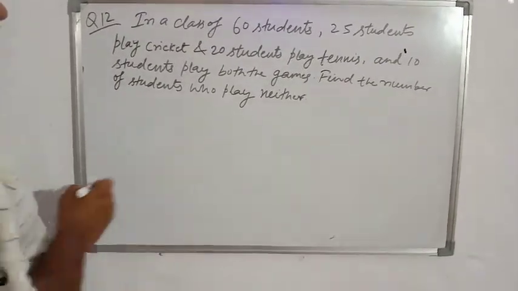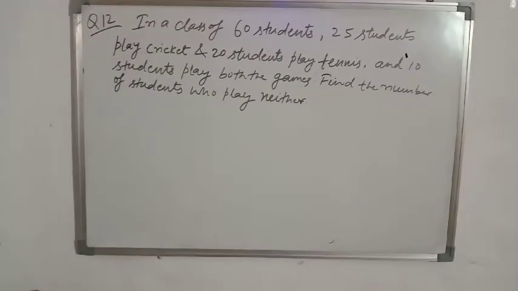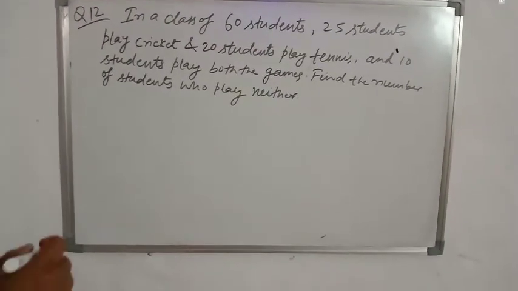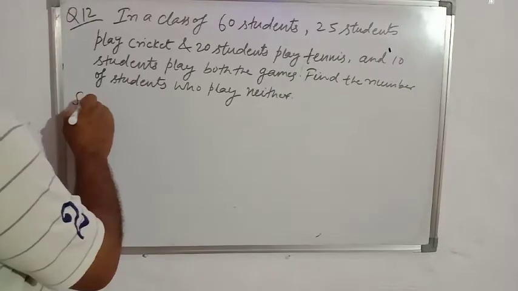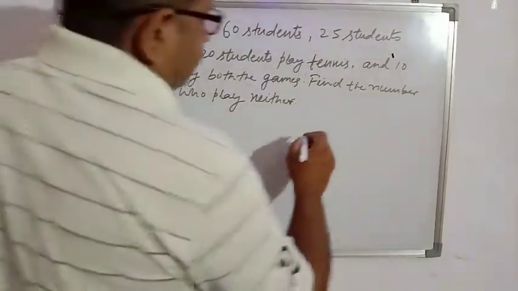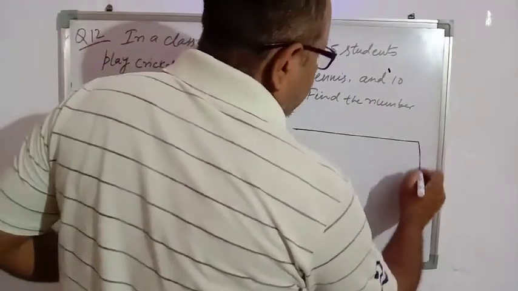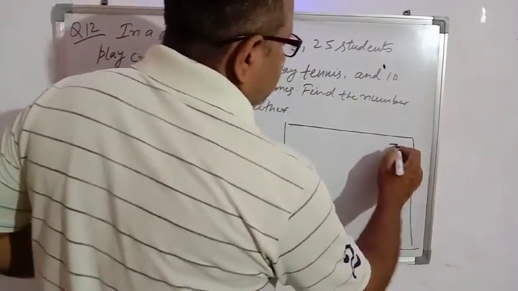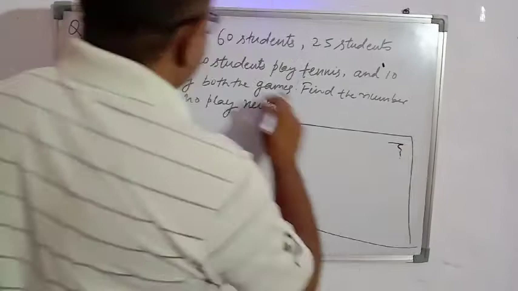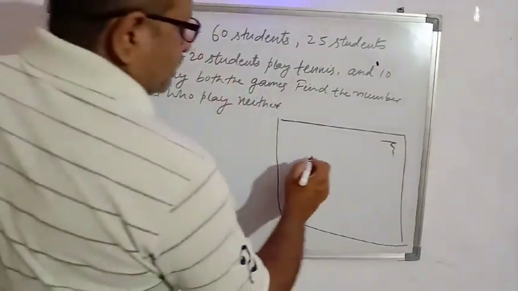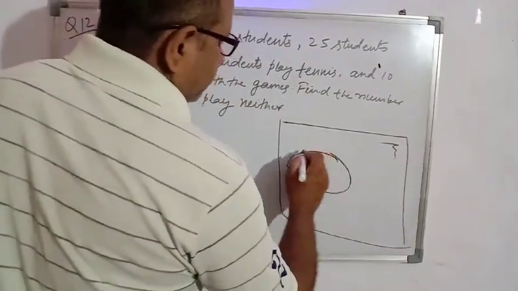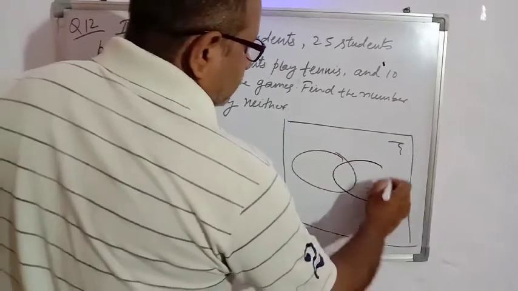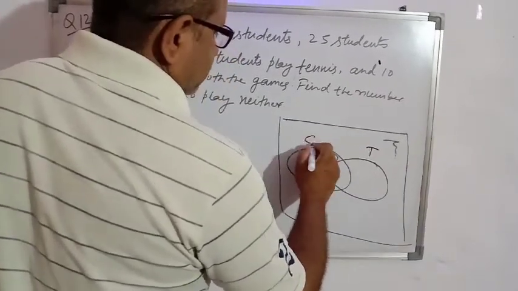How many students are there who play none of the two games? For this question, we will use a Venn diagram. This is the rectangle for the universal set, meaning total number of students. One circle for cricket, another circle for tennis.